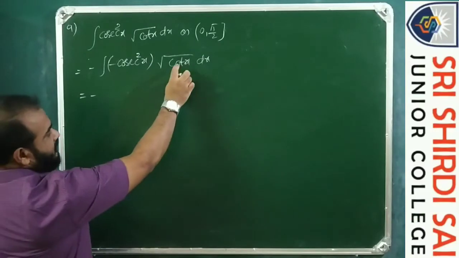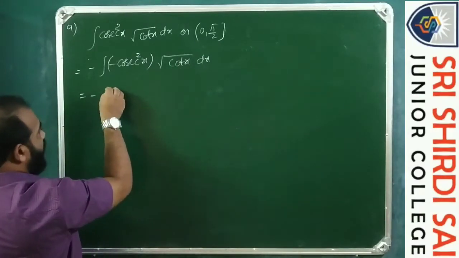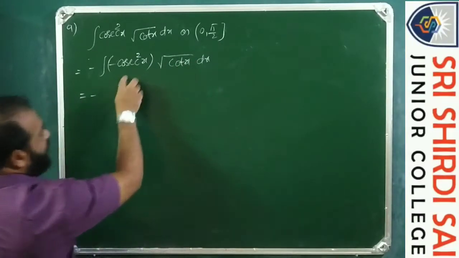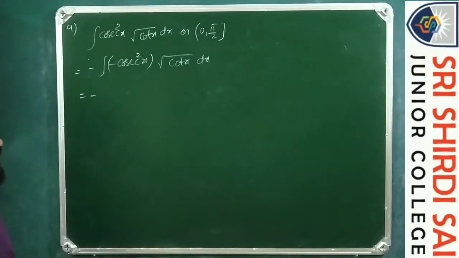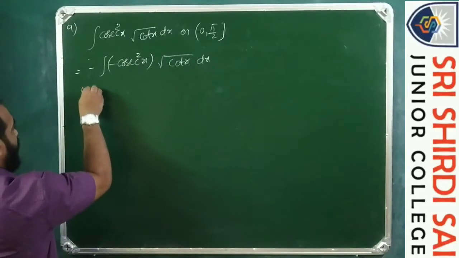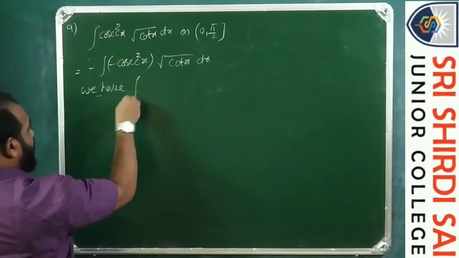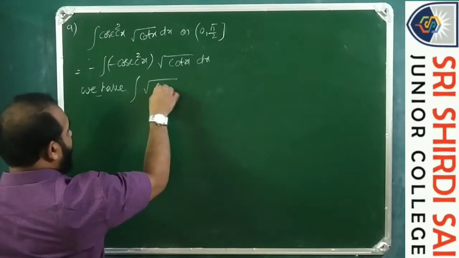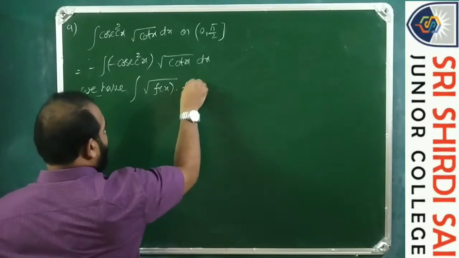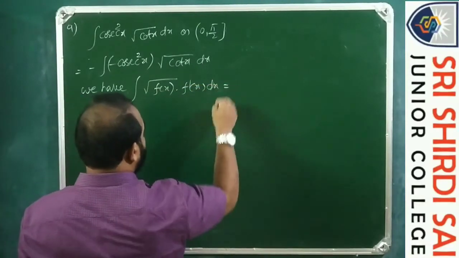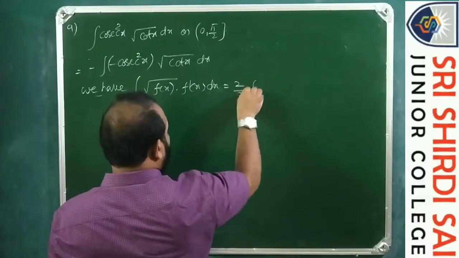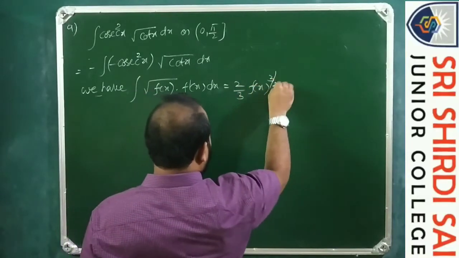Therefore cot x is f of x. So this is of the form root f of x into f dash x. What is integral root f of x into f dash x dx? We have integral of root of f of x into f dash x dx equal to 2 by 3 into f of x whole power 3 by 2 plus c.